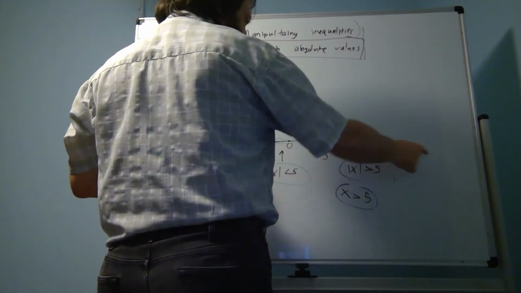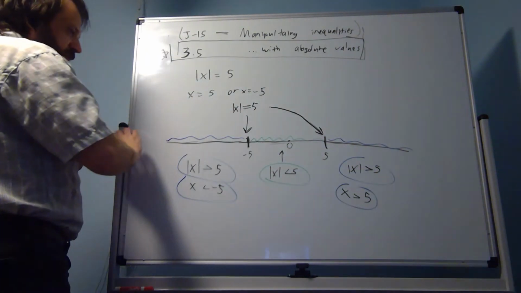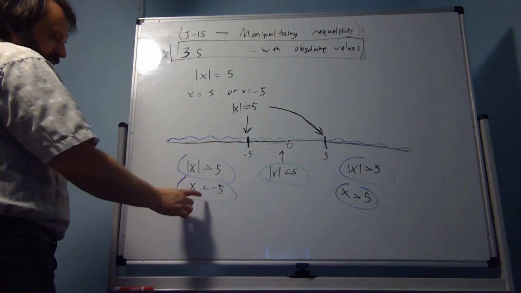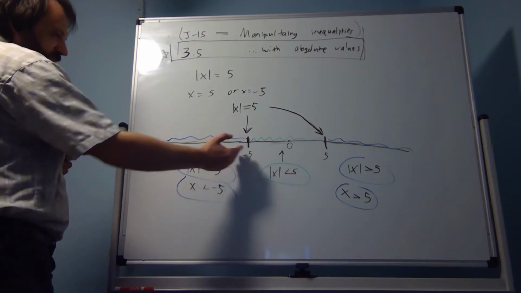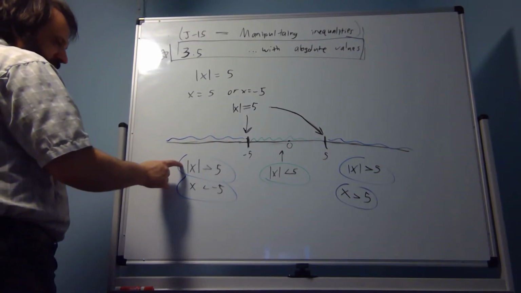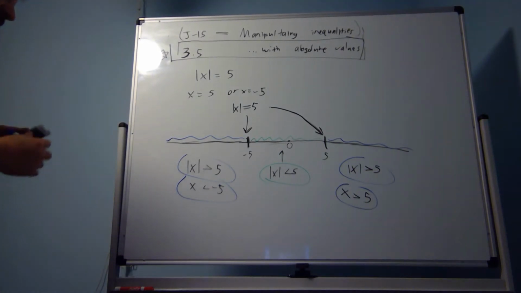Take the absolute value of 100, you get something that's bigger than 5. Take the absolute value of negative 70. The negative 70 is less than minus 5, which means that positive 70 is bigger than positive 5. So it looks like this.